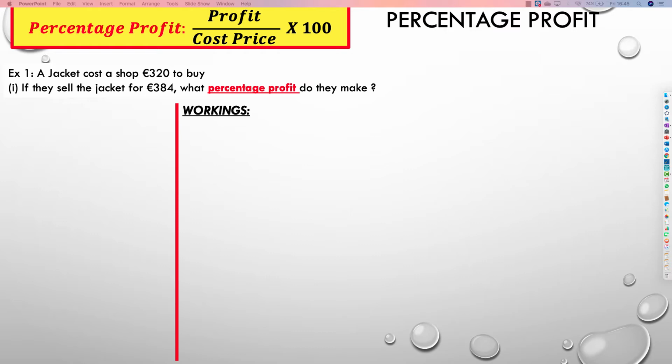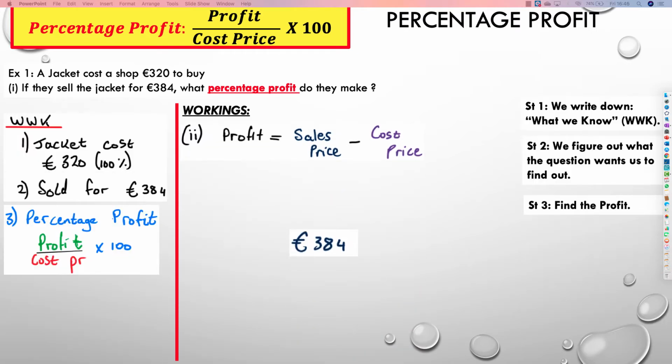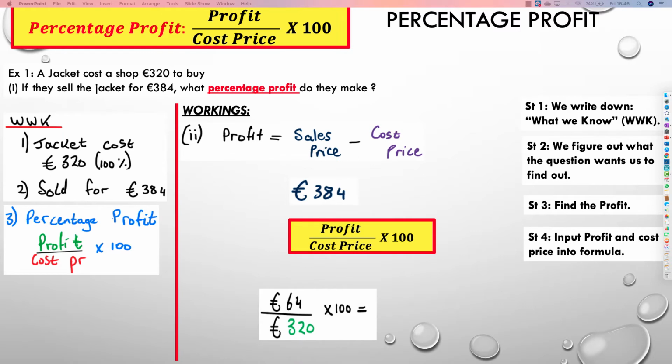That's the cost to the shop, €320. Let's look at it. So, our profit, we figured out, was 384 minus 320, which is €64. Then, €64 over 320 multiplied by 100 is 20%, exactly as you said.